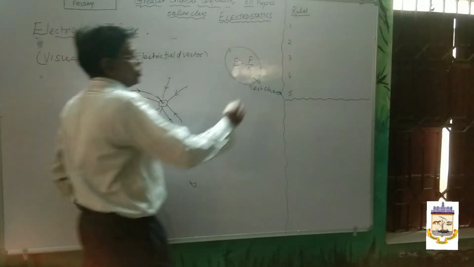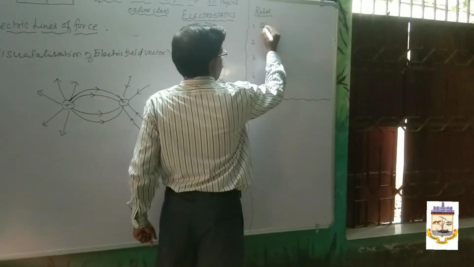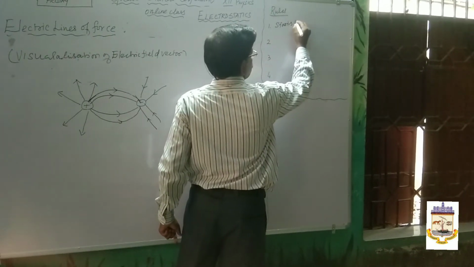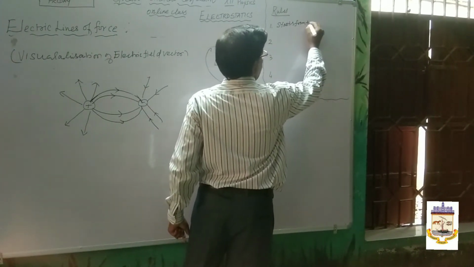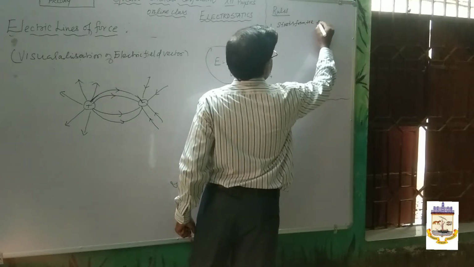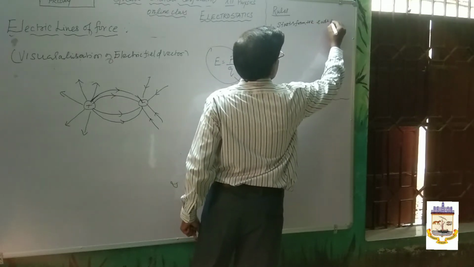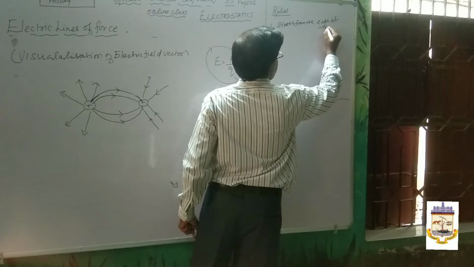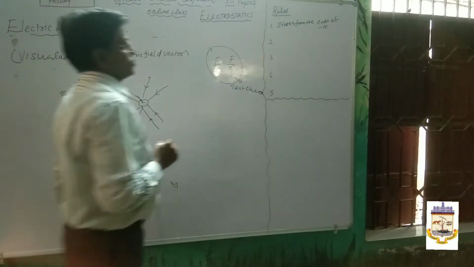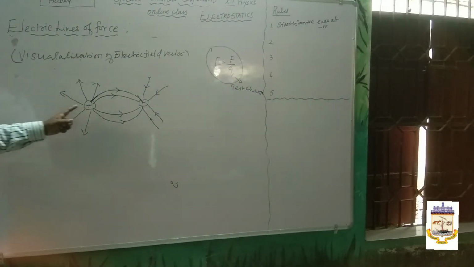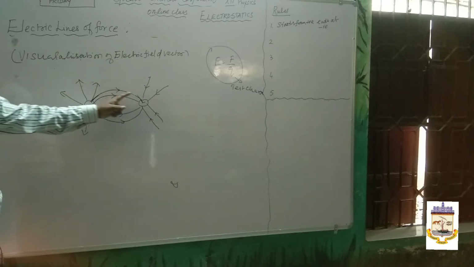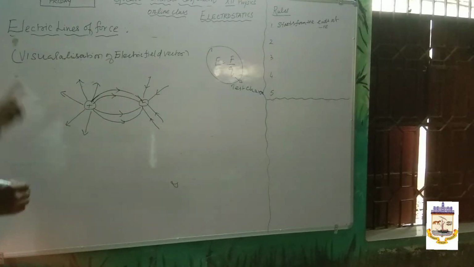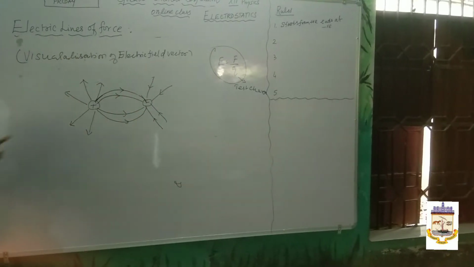This is the first rule: the lines of force start from positive and end at negative. Okay, this is the first point. This is a curved line.